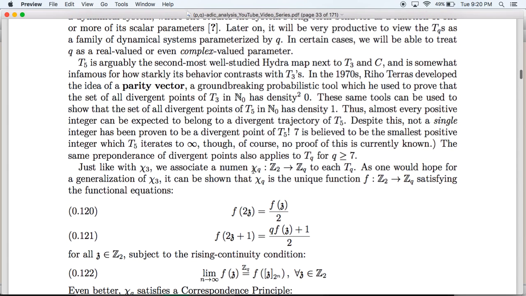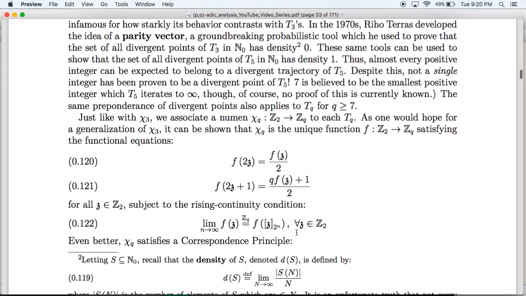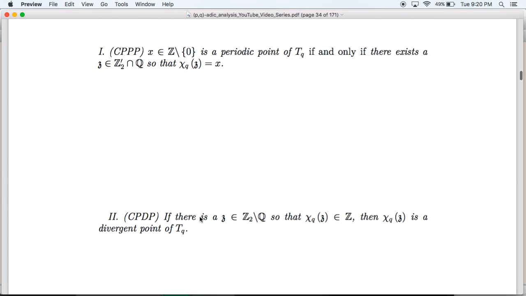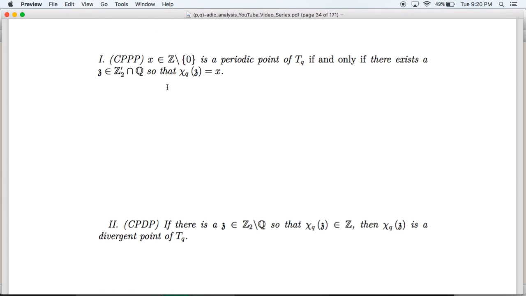We get our characterization by functional equations, and by the rising continuity condition, and then we get our correspondence principle. So here, again, the periodic points of TQ are in a bijective correspondence with the set of rational 2-adic integers with infinitely many digits that chi-Q sends to integer values.